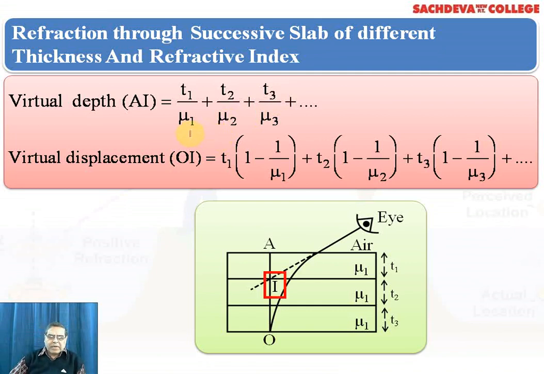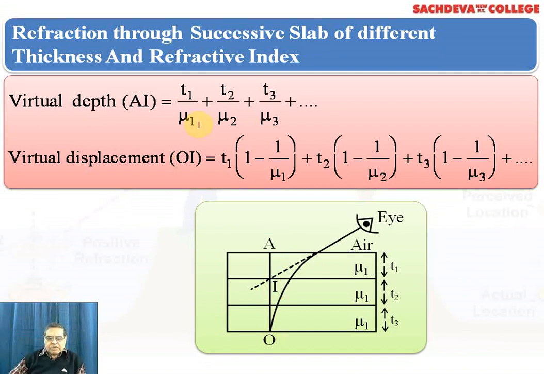The position of I is indicated, and from the eye we are in a position to see the object which is right at the bottom. I have given this example earlier. This object will appear at I. So AO is the real height, but AI is the apparent height.